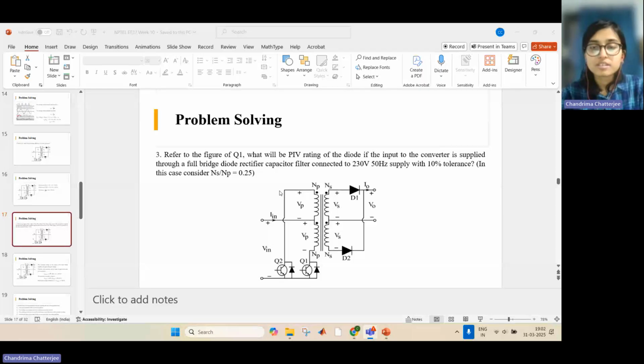And what else is given? This input voltage is coming from a 230 volt single phase supply. After that AC supply, there is a diode bridge rectifier, and after that there is a capacitor as filter. The grid voltage has 10% tolerance, and NS by NP is given as 0.25 here.